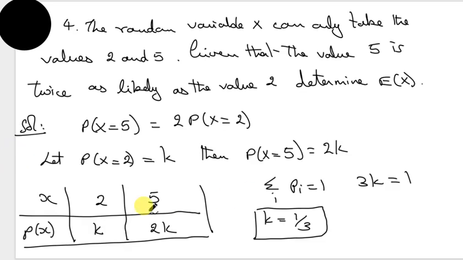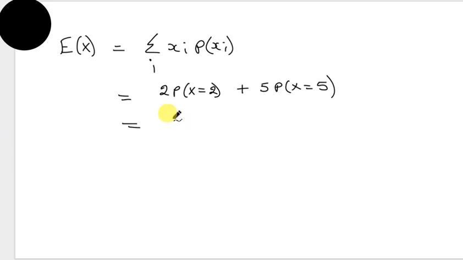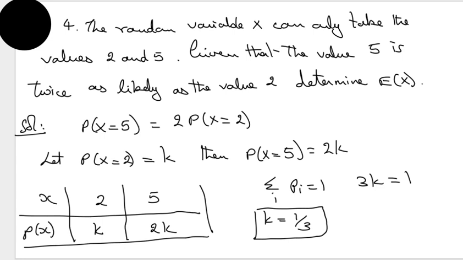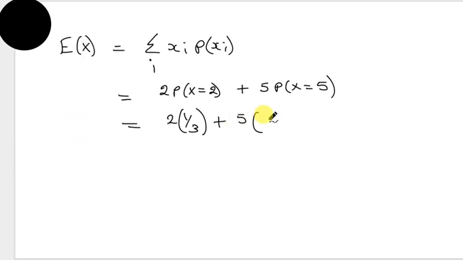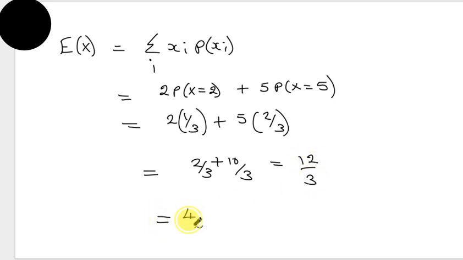Probability of x equal to 2 is 1 by 3 and 5 is 2 by 3, that is 2k. So it is 2 into 1 by 3 plus 5 into 2 by 3. Let us add, this is 2 by 3 plus 10 by 3, which is nothing but 12 by 3. Hence, my E of x value equal to 4. This is your answer.